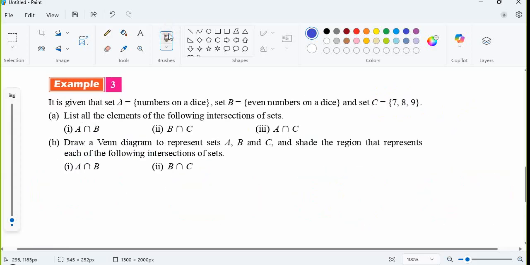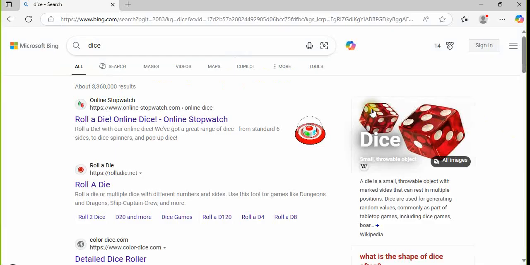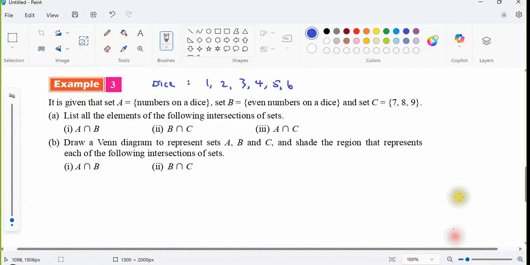It is given that set A is the numbers on a dice. For a dice, the outcomes will be 1, 2, 3, 4, 5, 6 only. This is a dice, which we use when we play games.